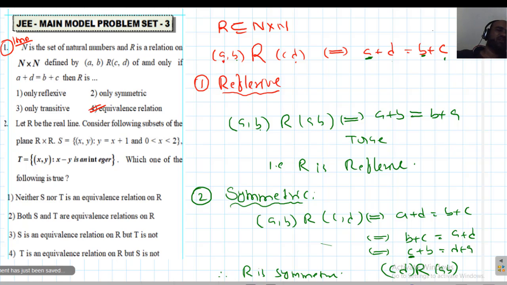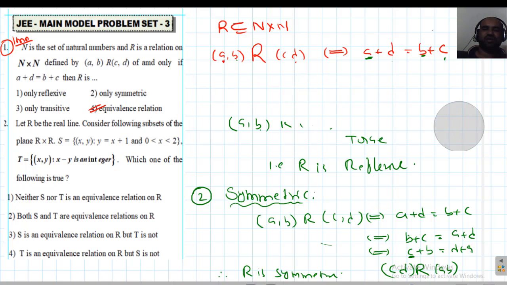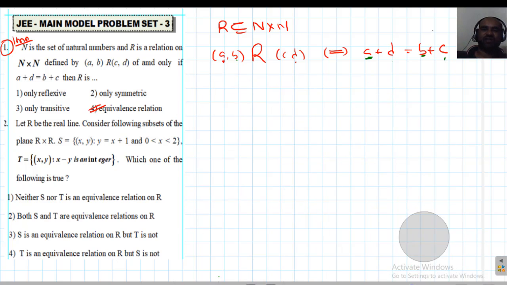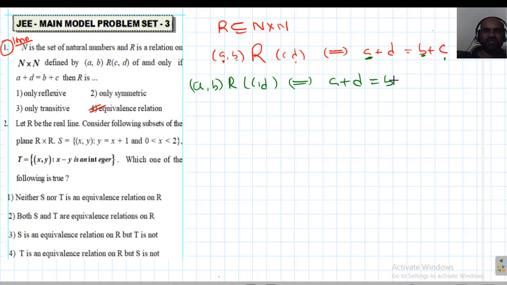So, R is reflexive and R is symmetric. Now, I want to prove that R also satisfies transitive. Transitive checking is difficult, so observe with care. (a, b) related to (c, d) implies A plus D equal to B plus C. (c, d) related to (e, f) gives C plus F, first with last, equal to D plus E, second with third.